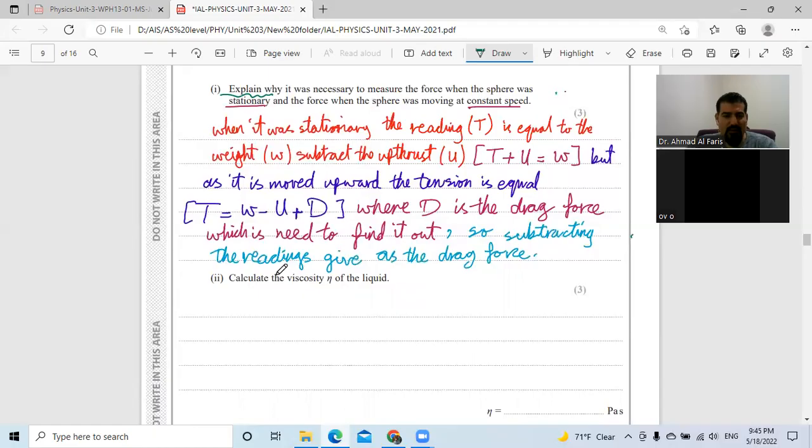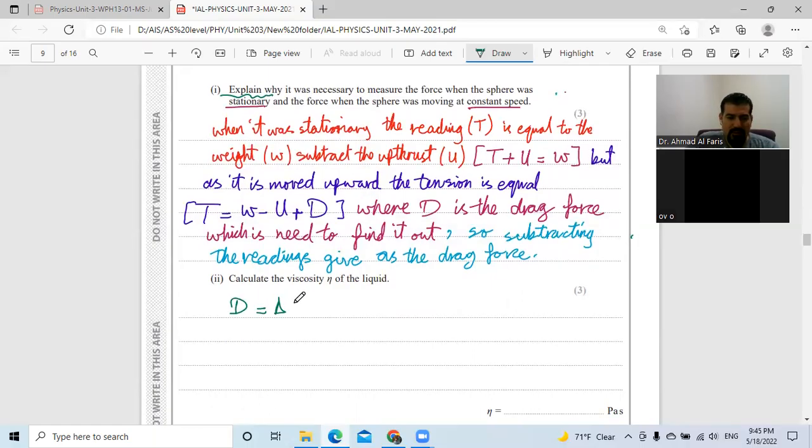Then what they ask here: calculate the viscosity eta of the liquid. Now we know that drag is equal to the difference of tension, which is 2.9 minus 2, which is equal to 0.9 Newton.